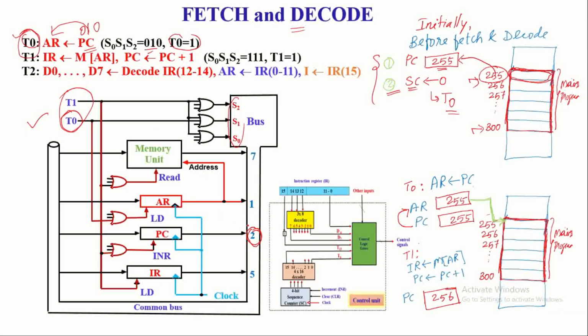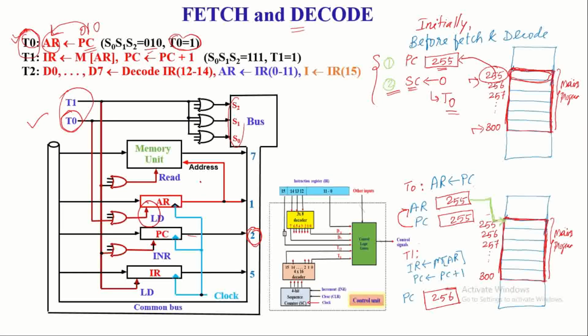So by setting the selection signal value 0, 1, 0, the content can be transferred from program counter and passed over the bus, and to receive this information by the address register, its load signal must be activated. So by enabling T0, selection signal values as 0, 1, 0 and the load signal, this micro operation, that is data transfer from program counter to address register, can be achieved.